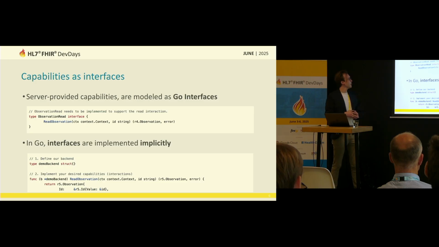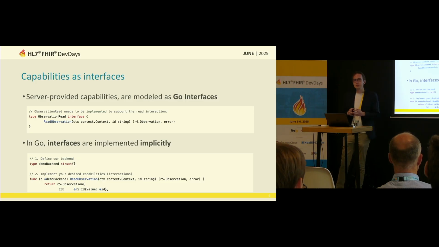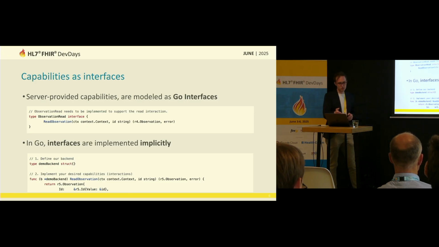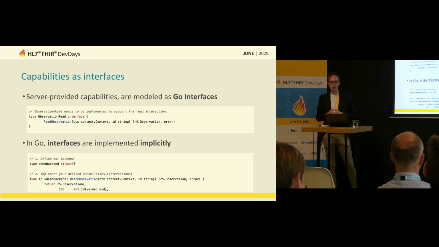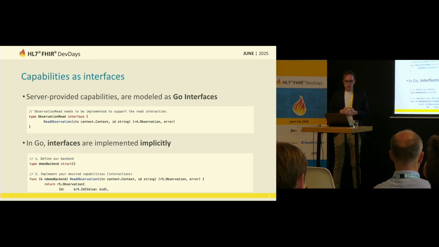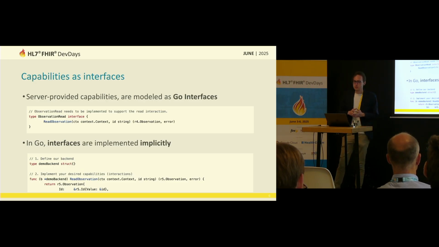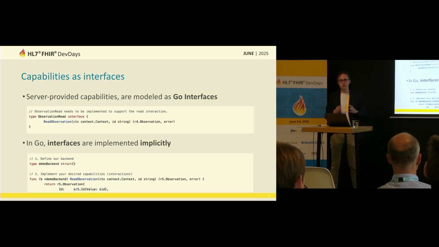In Go, interfaces are implemented implicitly. That means that if your struct implements the ReadObservation method, it implements this interface. You don't see an "implements ObservationRead" like you would, for example, in Java. This has, of course, advantages and disadvantages, but that's just the way it is.